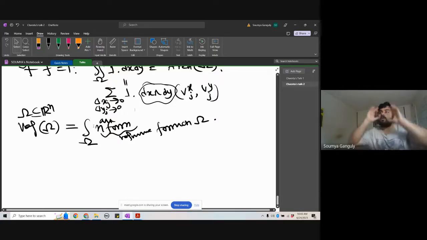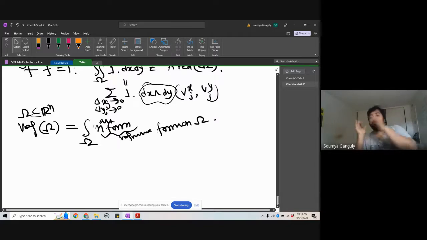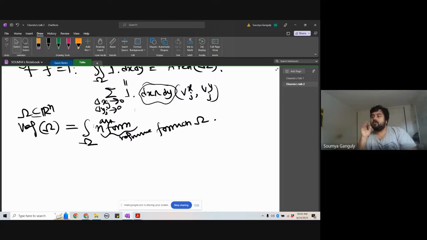Now again, all this we did for Rn or subsets of Rn, right? All these things can be done on a manifold. Why? Because a manifold can be locally thought of as Rn. Differential forms essentially just depend on local data because vectors are defined locally. You can think of a point as a point in Rn, and then you can define a direction at a point, which is also like a point vector in Rn.